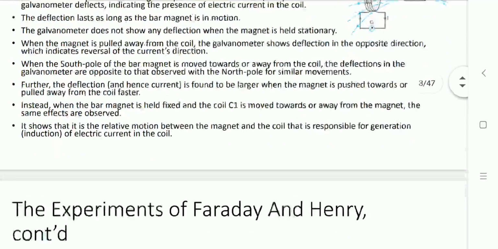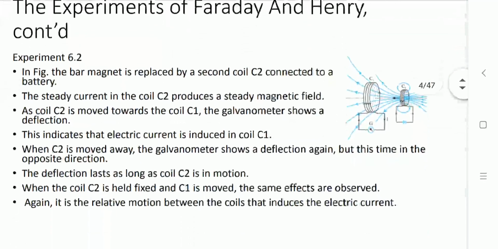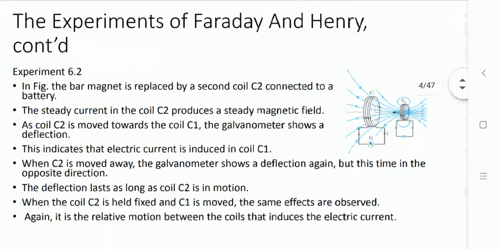Now, the second experiment, in which instead of the bar magnet, we take another coil, defined as C2 in the diagram. To this C2 coil, we give an external supply, and current starts to flow in C2. With the C1 coil, same as in the previous experiment, we have connected a galvanometer.